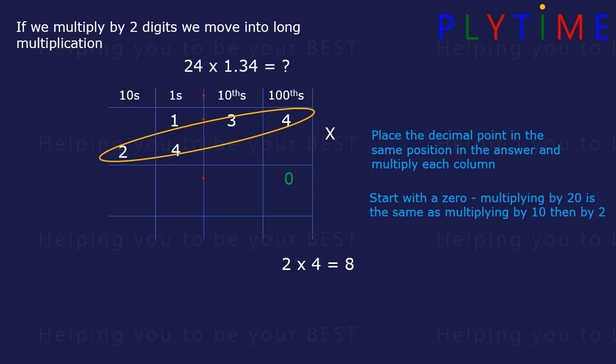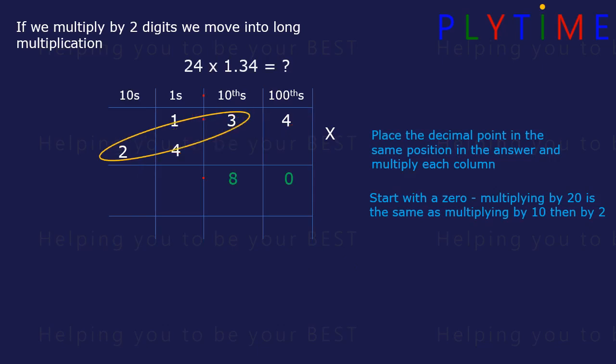Now we can multiply 2 times 4, which is 8, and then 2 times 3, which is 6, and finally 2 times 1, which is 2. Now we move to the next number, 4. So 4 multiplied by 4 is 16.